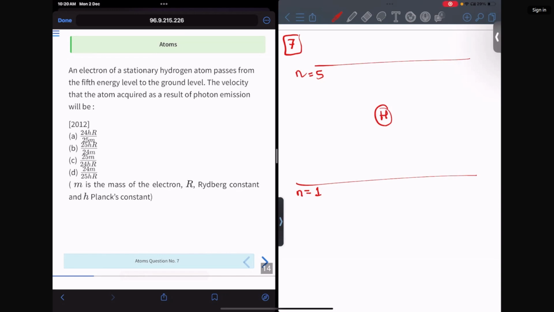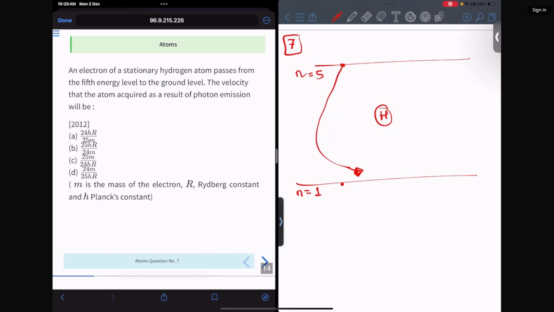The electron passes from the 5th to the ground level. Then the velocity of the atom acquired as a result of photon emission will be what? What will be the velocity of the atom they are asking?